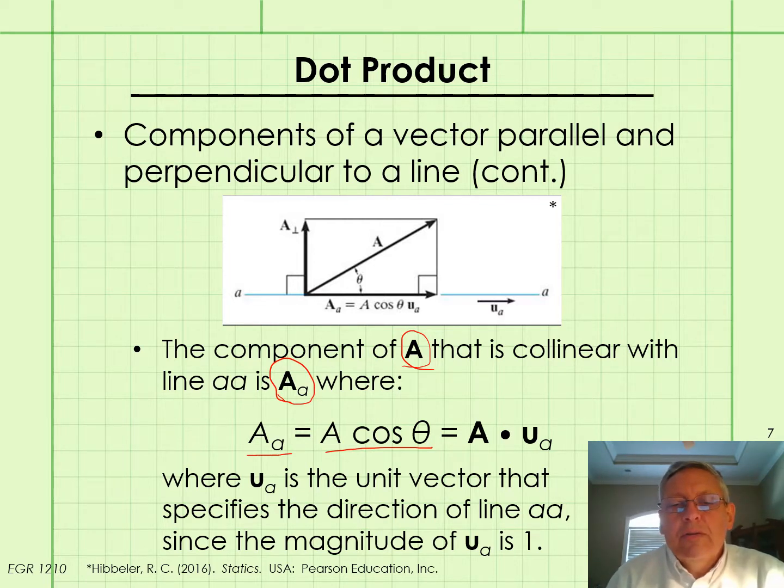Now notice how close A cosine theta looks to the right side of our dot product equation. So let's make it look like that.